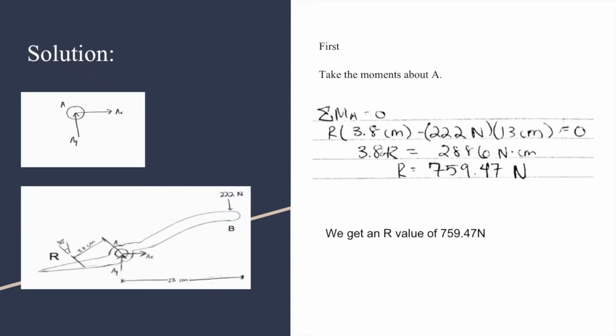So how do we start this? Well, first, we take the moments about A. So the sum of the moments about A has to equal 0. In order to find the moments about A, we have to include R, the 3.8 centimeters, the forces applied, and the length of the member.